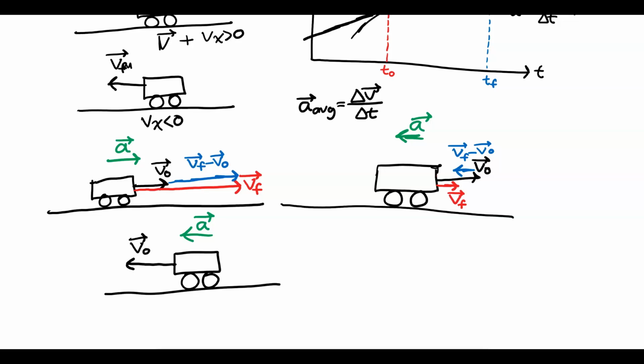So if it starts very positive, then it'll go closer to zero, because that's how it becomes more and more negative. And then it will point in the opposite direction. So a car would be moving to the right, and then it will stop for a moment and then go straight to the left. So that is the concept of average acceleration.